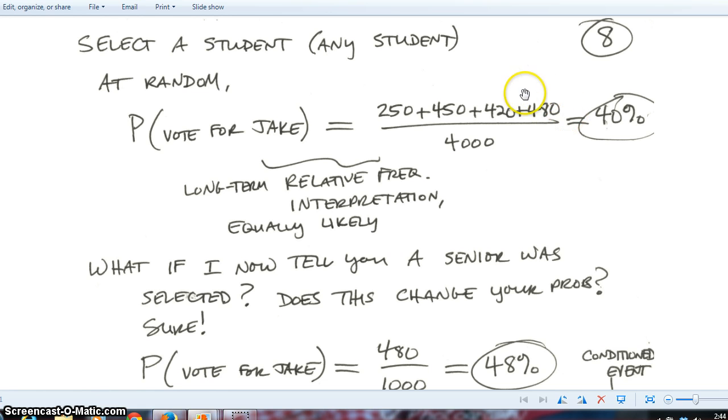So that's 40%. If we think of this in terms of the long-term relative frequency interpretation, remembering that we're selecting a student at random, so they're all equally likely, then this is saying if you select a student at random over and over again, many, many times, about 40% of the time your randomly selected student will vote for Jake. That's not really anything new going on here.